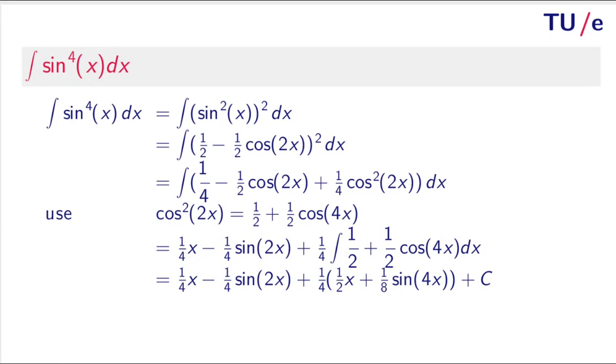And we find as a final answer 1/4 times x minus 1/4 times sine of 2x plus 1/4 times, between brackets, an antiderivative of a half is a half x, and an antiderivative of a half times cosine 4x is 1/8 times the sine of 4x. And then we have to add the integration constant c.